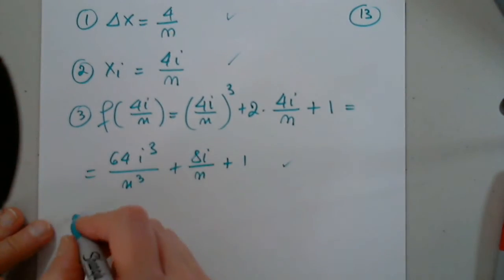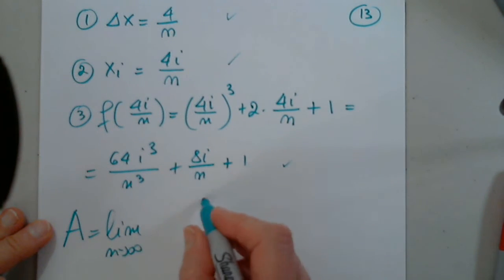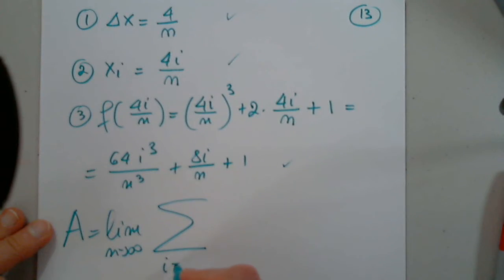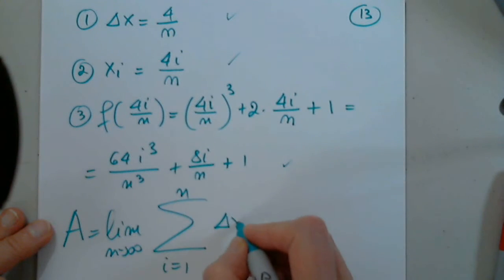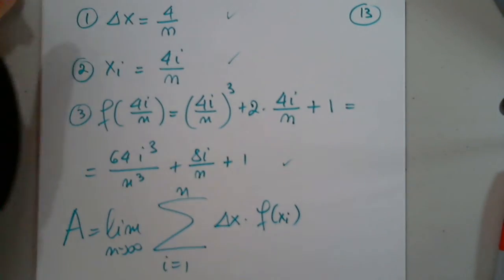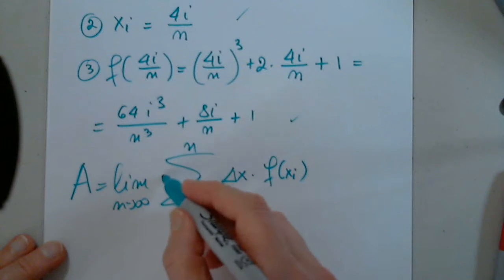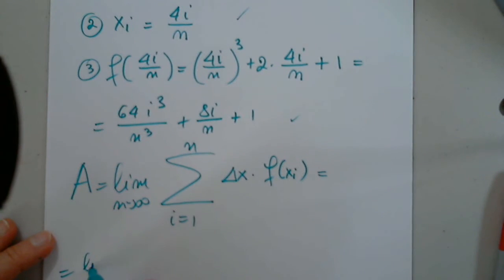So now area equals the limit as n approaches infinity of the sum from i equals 1 through n, base times height. That's the formula. So now I'll take the delta x outside. This is the limit as n approaches infinity.